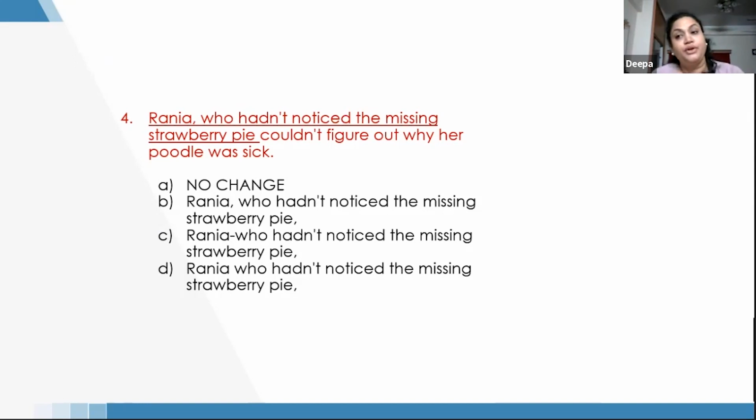Therefore, we are not going to use the technique for modifier placement. We have to check whether we have a comma after Rania and after strawberry pie. If that option is available, then that is the right answer. Let's check. In option B, we have that option. So we will take option B. Clear? Let's go to the next question.